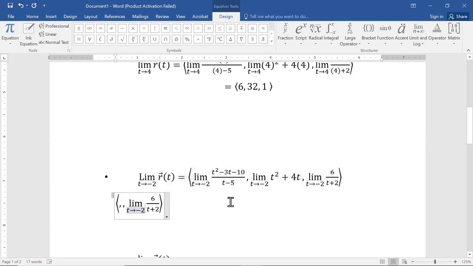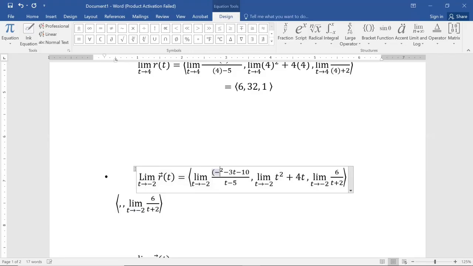There's no problem. I'd say -2 squared. Make sure the negative goes inside of the parentheses. -3 times -2 minus 10 gives me 0. Divided by -7 would give me 0 still. Again, make sure when you plug this in, you plug it in inside of parentheses.